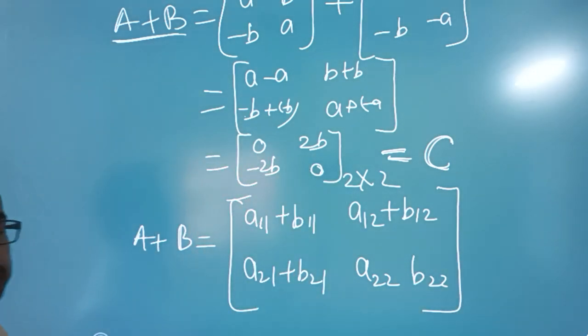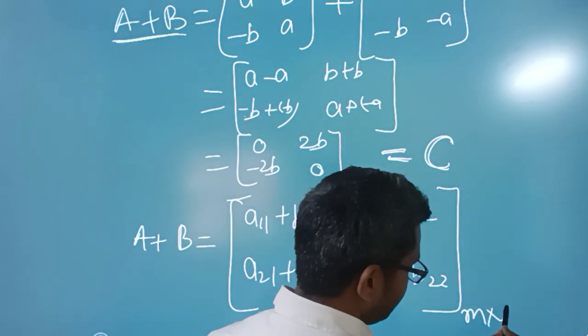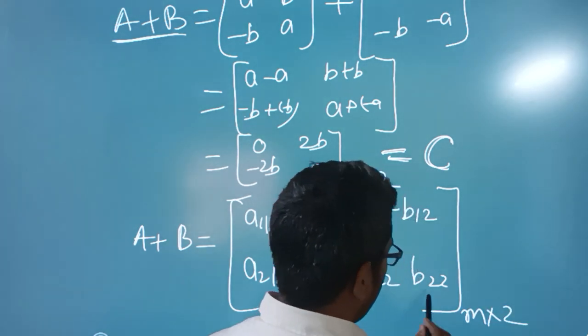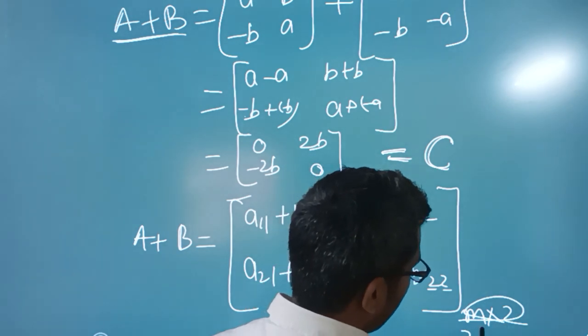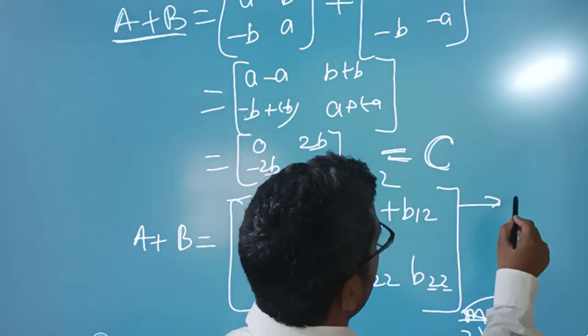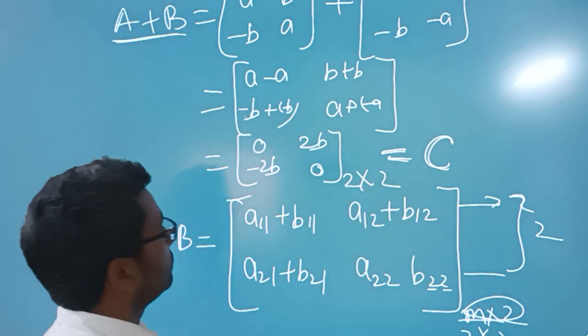That is simply the addition operation of matrices. The orders must be the same, here 2 cross 2: the rows are 2 and the columns are 2.